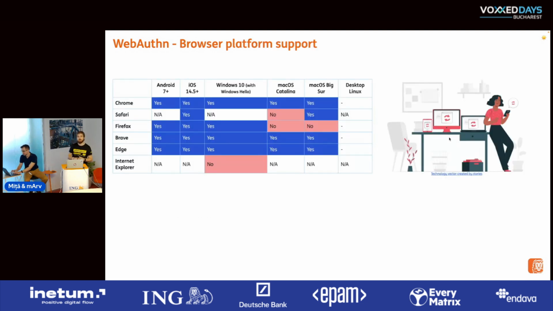Last but not least, let's have a look at platform support and see where we could use Web Authentication today. So Internet Explorer is just there for reference. We can remove that from our mind, at least. One downside to using platform authentication with platform support on Web Authentication is desktop Linux. I've mentioned in the beginning that the credentials are stored on the TPM for PCs. Unfortunately, desktop Linux doesn't have proper support for interacting with the TPM.